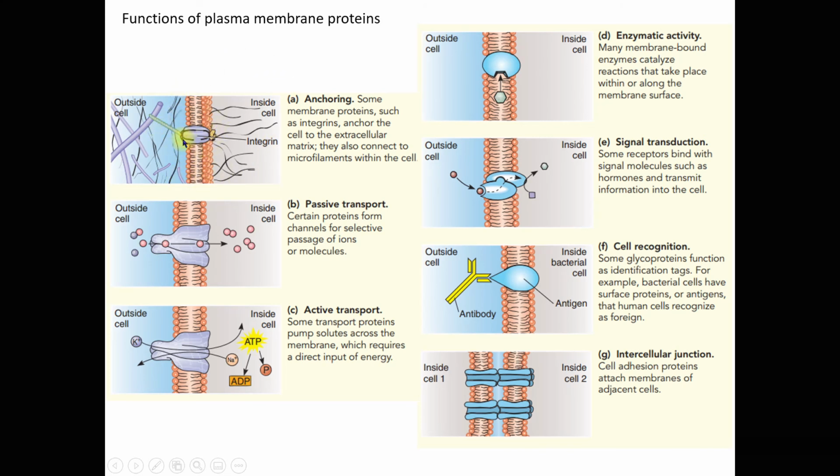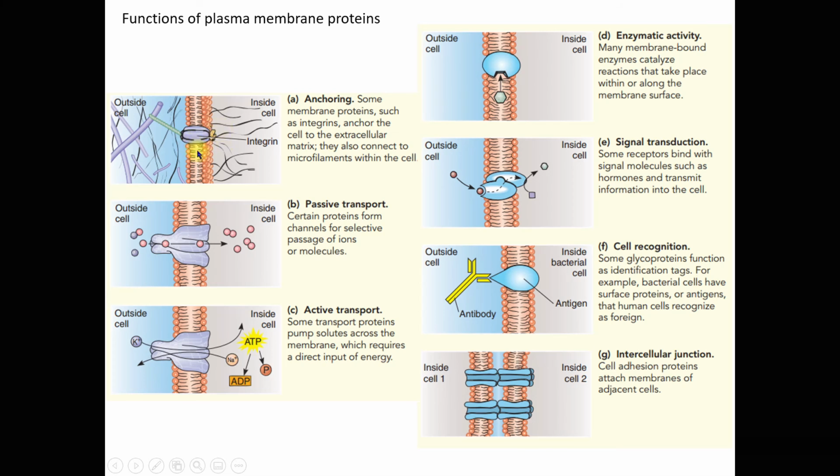Now, some of these membrane proteins, an example is the integrins, anchor the cell to the extracellular matrix. This is the extracellular matrix. So apparently your cell is being anchored to this extracellular matrix, and this is done by the integrin.